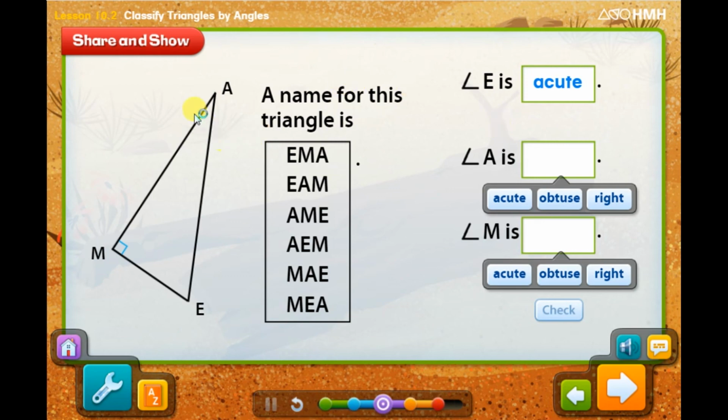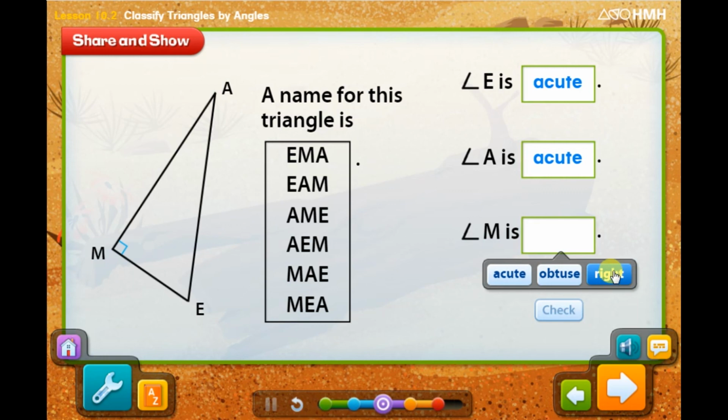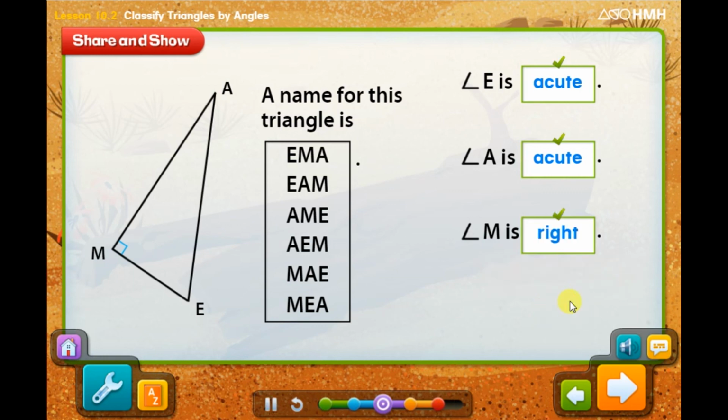Angle A. It's also a small and narrow angle, so it is also acute. Finally, angle M. Can you see the shape of the square? This means this angle is like the angles of a square. So it is a right angle. Bravo! It's a right angle. Let's check. Excellent! You identified all 3 angles correctly.